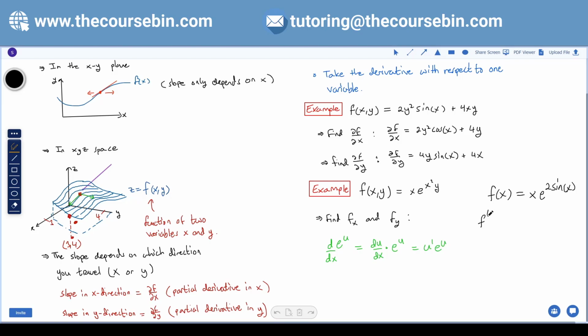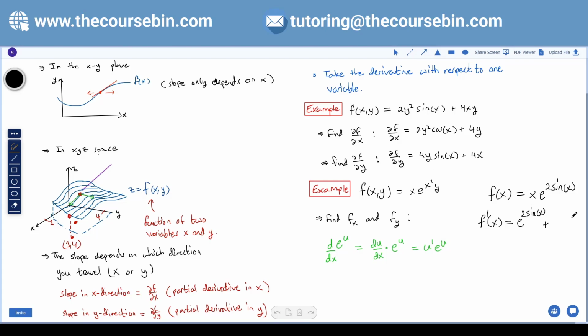So if you did f prime of x, it would come out to be the derivative of x, which is 1, times the e, plus x times the derivative of the e. The derivative of the e, I've written that formula here, it's u prime e to the u.